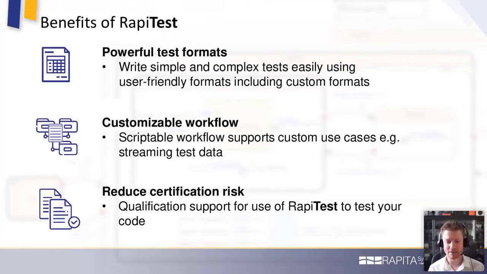The workflow for RapiTest is highly customizable. All the stages of the procedure can be customized, and we can inject extra actions at any point. And this makes it really easy to fit into the sort of testing environment that you happen to have. An example of this is that we can easily modify the test harness to stream test data in and out.